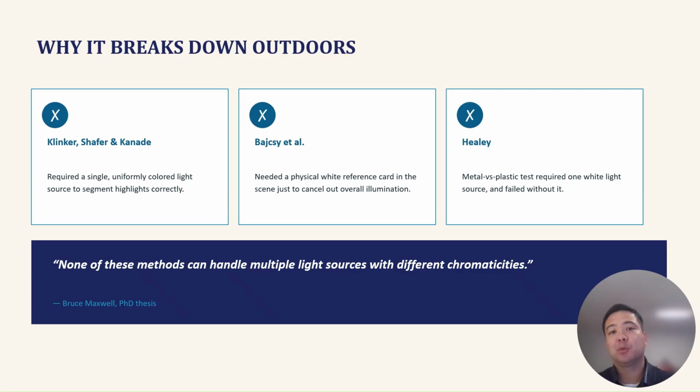As Professor Maxwell puts it directly, none of these older methods could handle a scene lit by more than one color of light at the same time. This matters because it shows this wasn't a small detail researchers forgot about. It was a real limitation that caused these systems to fail as soon as they left a simple single light setup.